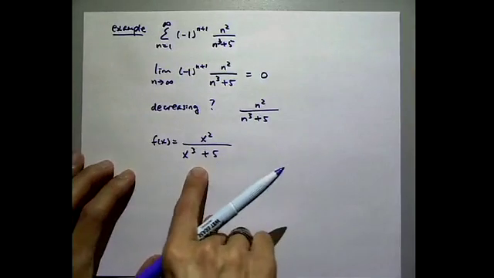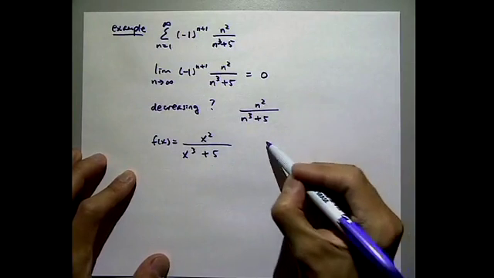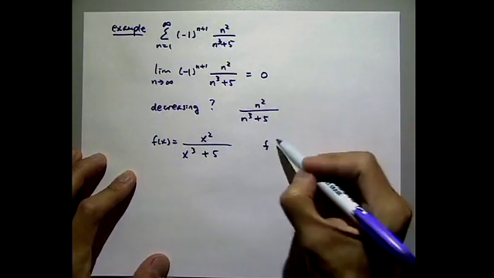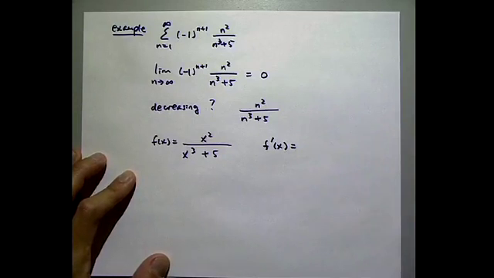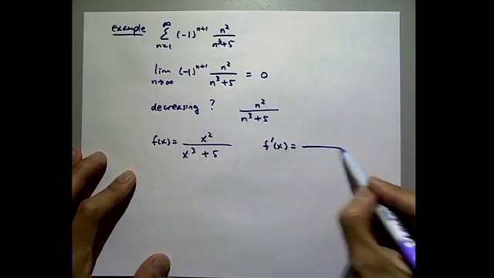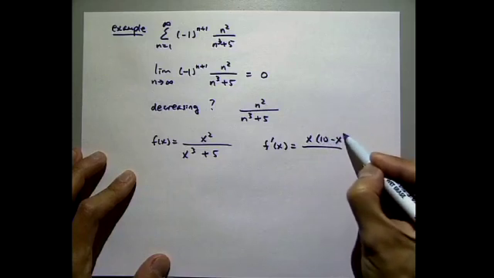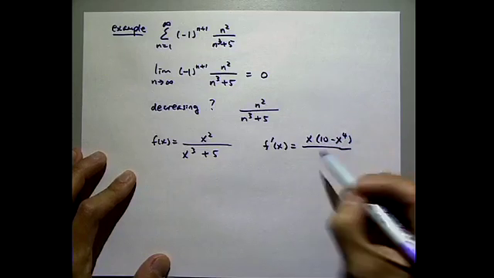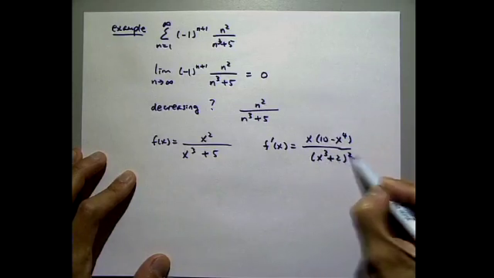Now, if the function is decreasing, then these terms are also decreasing. We've seen that before when we did the integral test. So take the derivative. You know how to do that, so I'm going to skip that step and just look at the derivative.